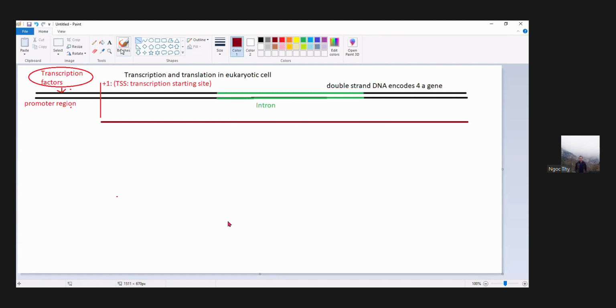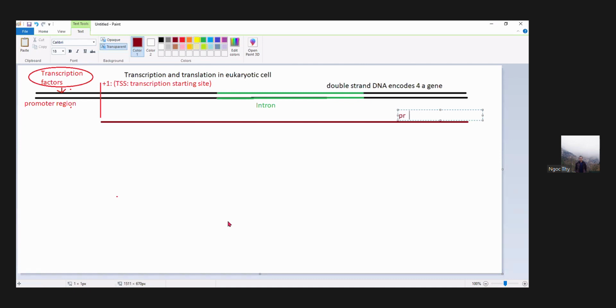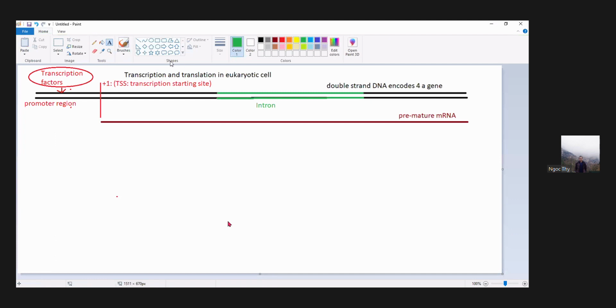So this is the premature mRNA with the sequence of the intron. So this is translation. Sorry, it's transcription.